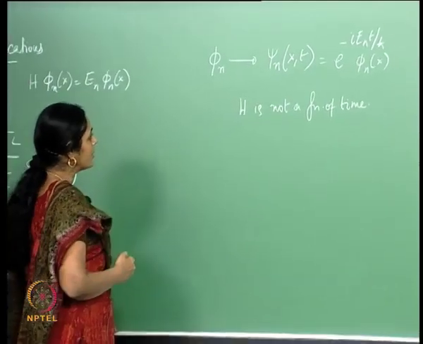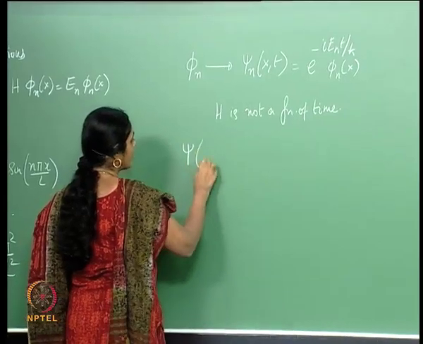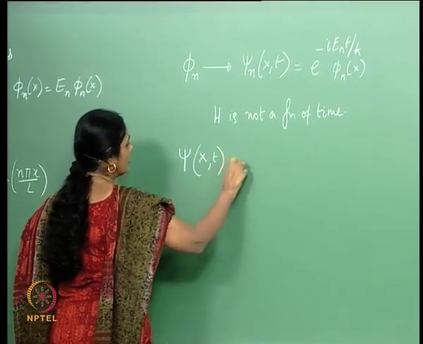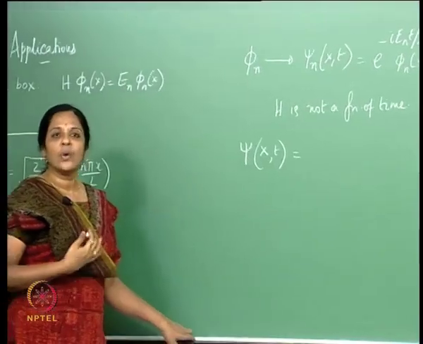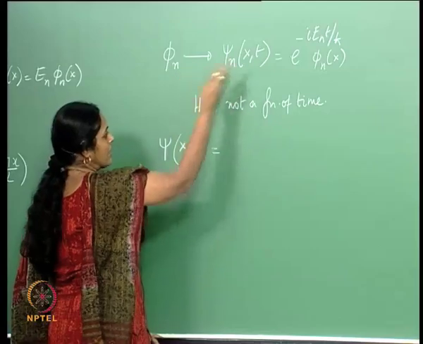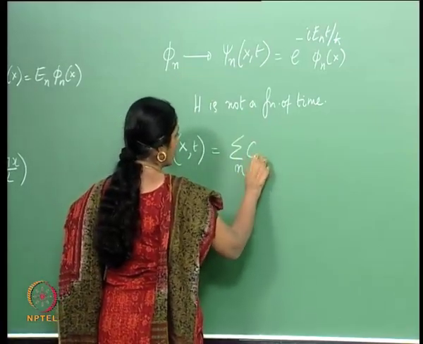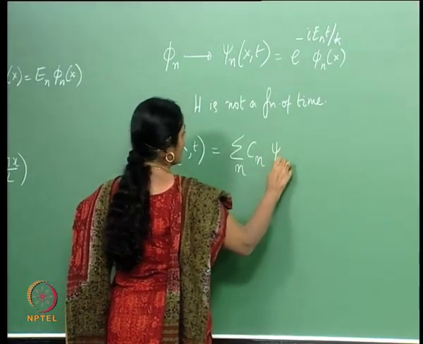So, now we ask the question, what about an arbitrary state psi of x t? How do I write it in terms of the basis states? Well, psi of x t can always be written as summation over n c sub n psi n of x t.